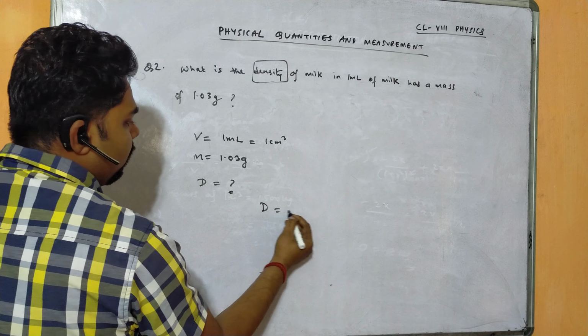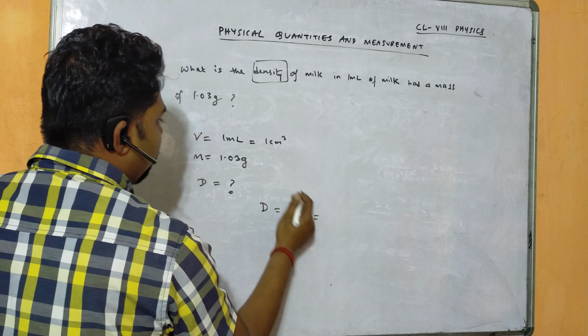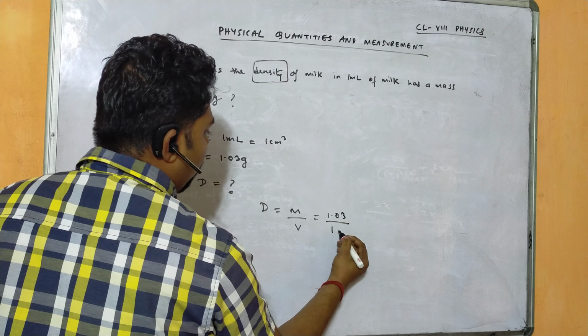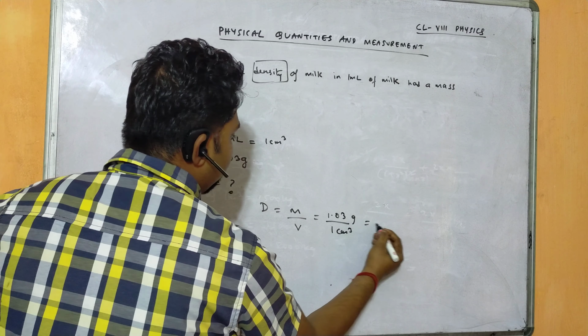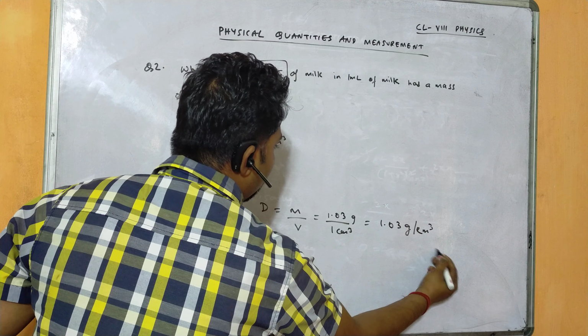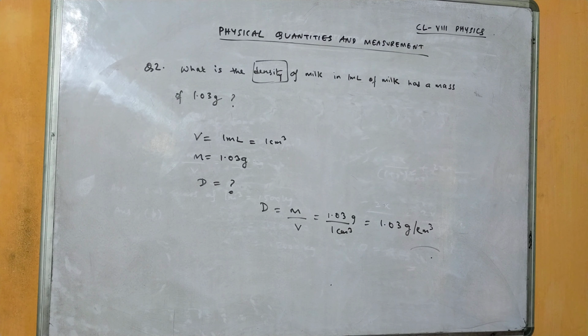We know density equals mass by volume. So mass is 1.03, and volume is 1 centimeter cube. This is gram, so 1.03 gram per centimeter cube. This is the answer. Okay, so you can write 1.03 gram per milliliter also, because 1 milliliter equals 1 centimeter cube.